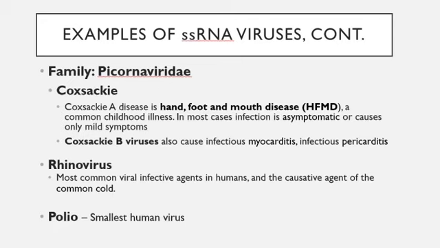Also under single-strand RNA is rhinovirus. It's the most common viral infective agent in humans, and it's the causative agent of the common cold. Also, polio is a single-strand RNA virus, and it's the smallest human virus. We have seen some reemergence of the polio virus in recent years with some anti-vaccine movements.